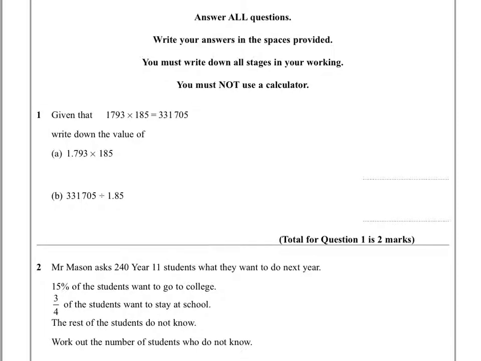In question 1, we're told that given that 1793 times 185 is 331,705, we're asked to write down the value of 1.793 times 185.